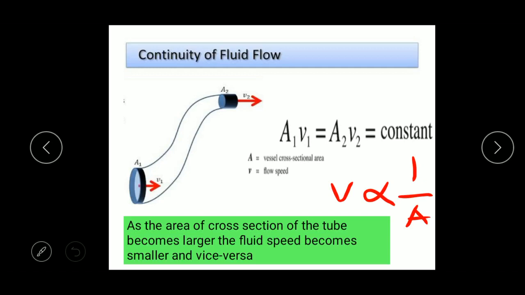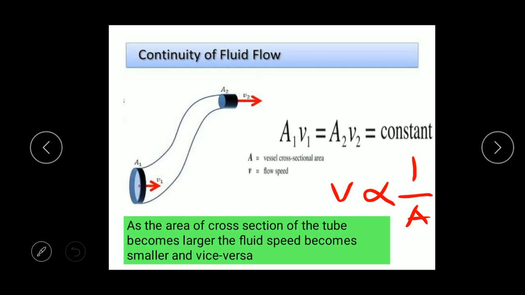The speed of the fluid is inversely proportional to the cross-sectional area of the tube. When the speed of the fluid is more, that means the cross-sectional area is small. It is inversely proportional, or vice versa. As the area of the cross section of the tube becomes larger, the fluid speed becomes smaller.